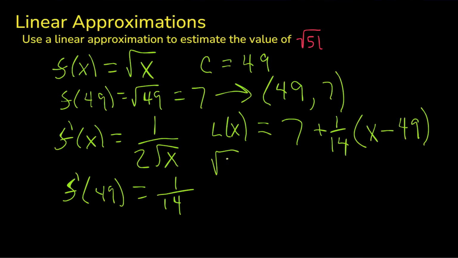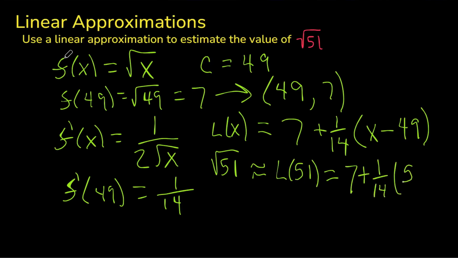So square root 51 is approximately L of 51, which equals 7 plus 1/14 times 51 minus 49. 51 minus 49 is 2, so you would have 2/14 or 1/7, which is 50/7.